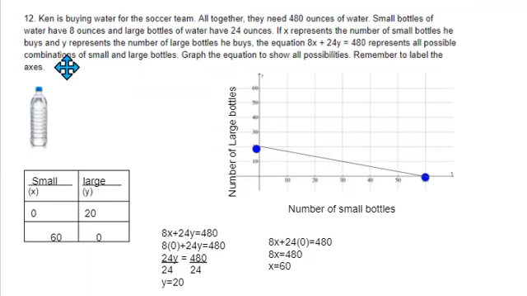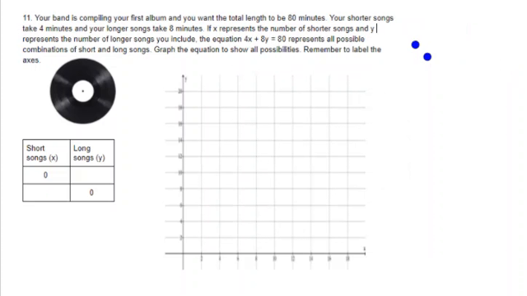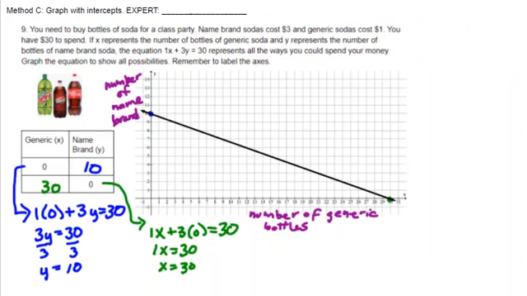All right, so we have done number 12 together. Pause the video and make sure you have that on your slide as well. And then remember, you are also responsible for finishing number 10 with the same method and number 11 with the same method. Please work with your expert group to make sure everybody is an expert on all 4 slides, 9, 10, 11, 12, so that you can teach your group.